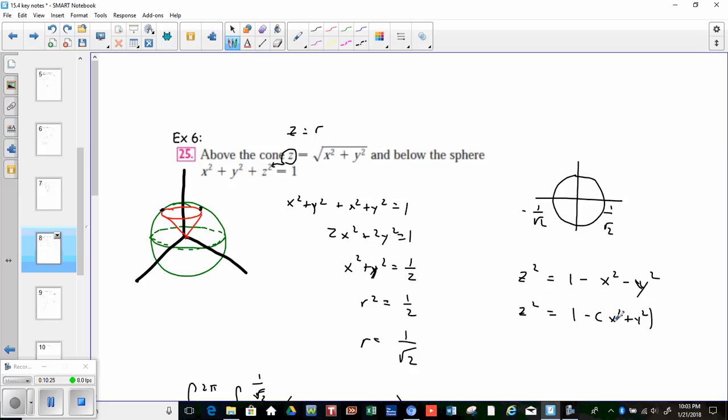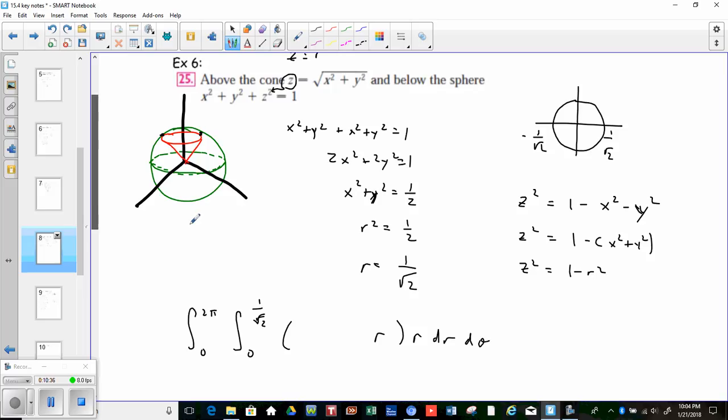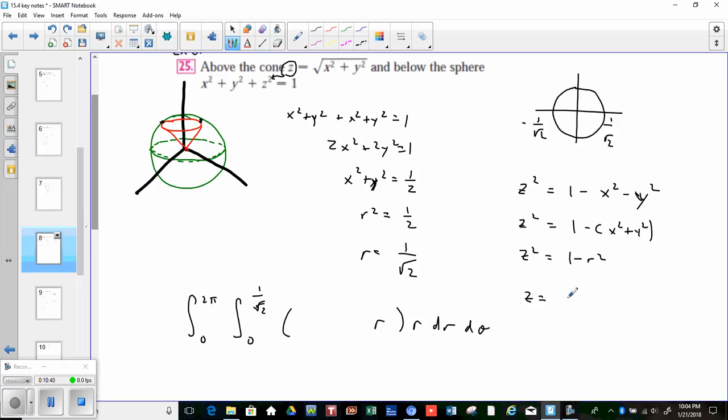Of course, x squared plus y squared is r squared. So z squared is 1 minus r squared. Pretty sure I wrote that. Yep. This is a really bad lag right now. So z is going to equal the square root of 1 minus r squared. There we go. So that's the top of the sphere right here.